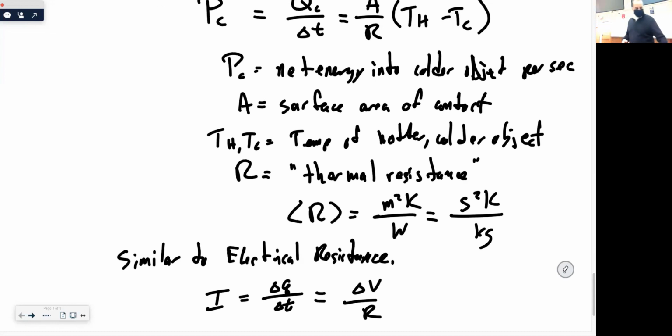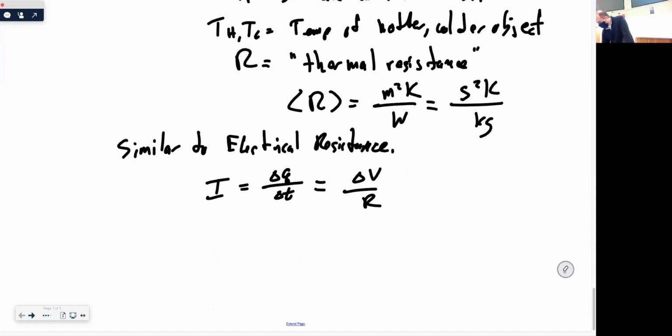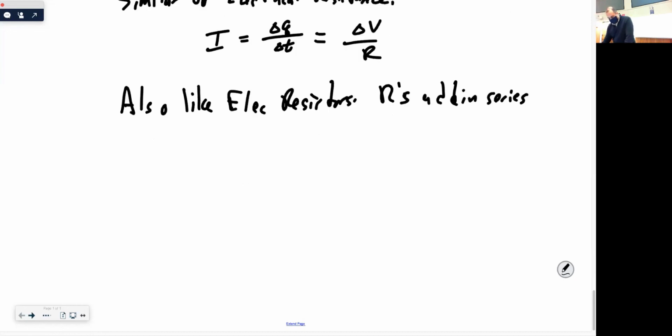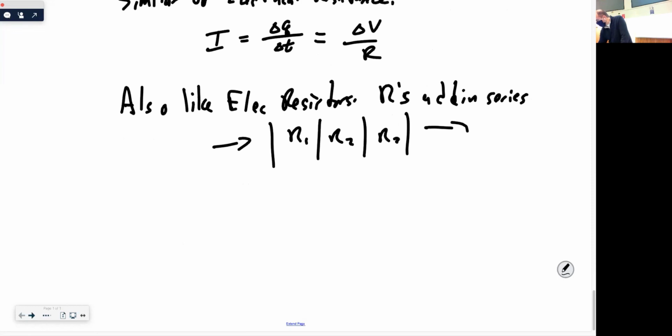And also like electrical resistors, the R's add in series. So in other words, if you had, let's say, 3 substances put together, let's say R1 and R2 and R3, and you want to know what the total electrical resistance or thermal resistance of all 3 of them put together is.